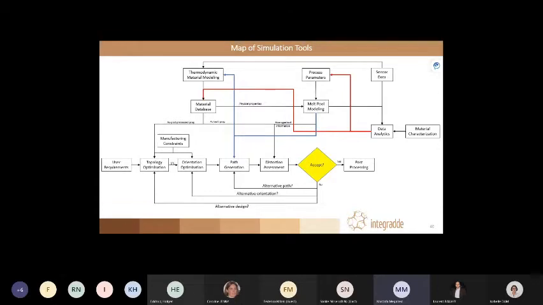Once we have the user requirement, the designers can be active. So topology optimization or standard design activities will be performed to create this new product or adapt an existing product. This design step needs to take manufacturing constraints into account.